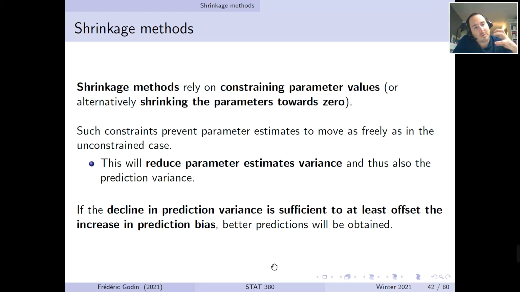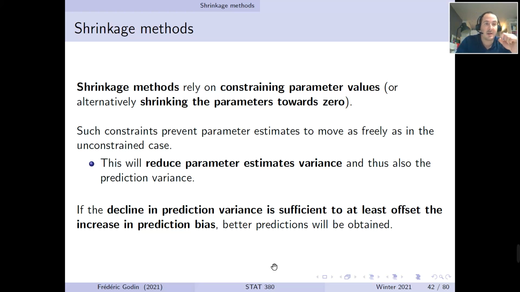But now that we will impose some constraints on parameters, parameters won't be able to vary as freely as they were in the unconstrained case. So this will lead to smaller parameters.